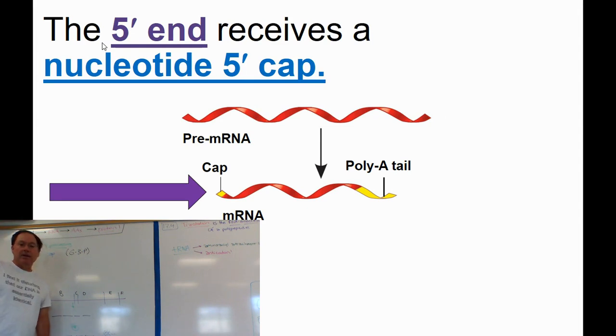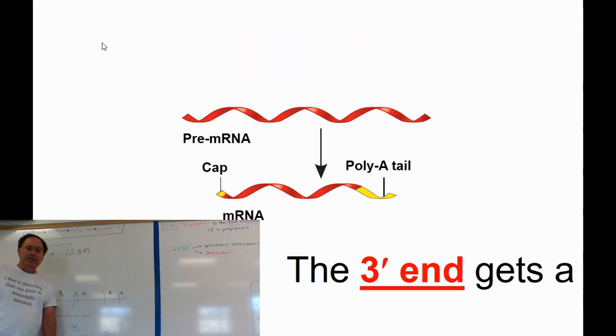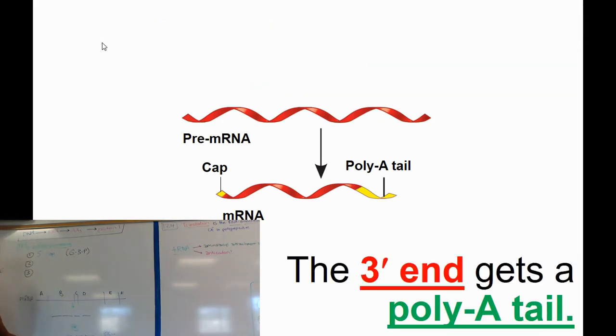There it is, symbolized by that little bit of yellow on the surface of the mRNA there. And the 3' end gets a poly A tail. So if you recall, the termination sequence on the DNA was TTATTT.